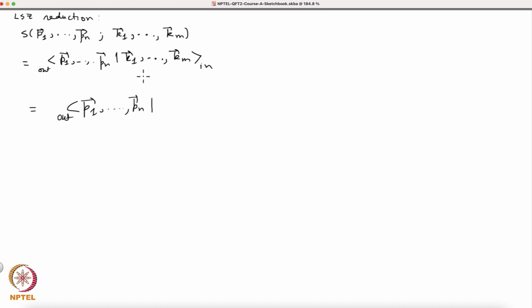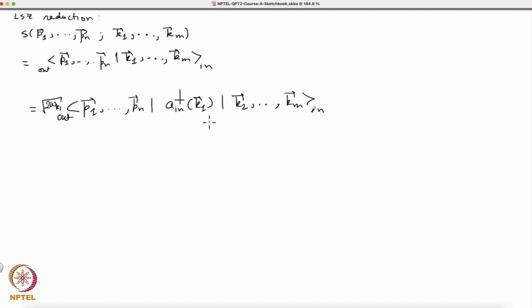Now K1 to Km I can write as 2 omega K1 in the square root times A in dagger K1 acting on this.